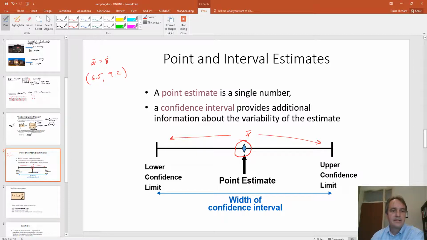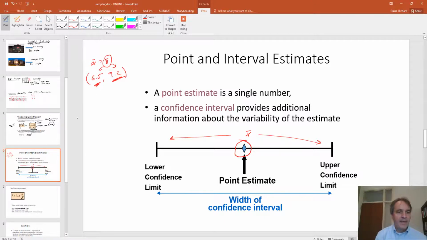But the idea is that this 8 is only our sample mean, and we can only be sure that the population mean is somewhere in here, okay? So the question is, how do we come up with these two endpoints here?